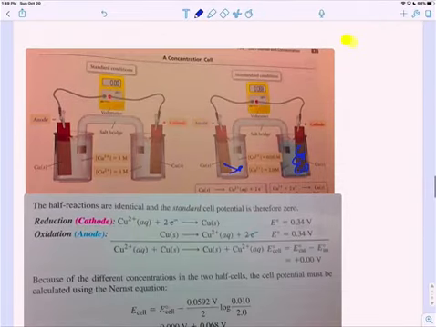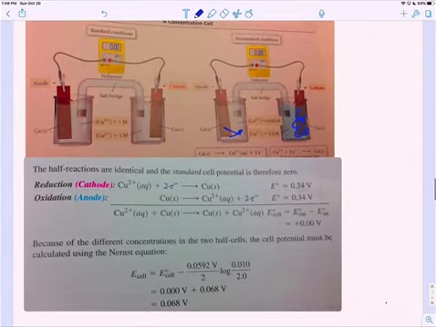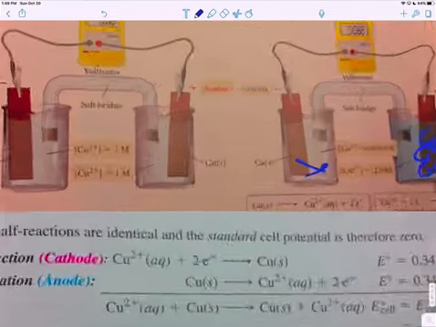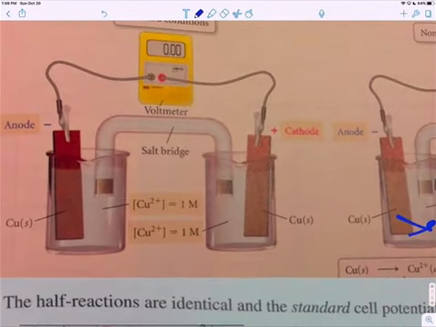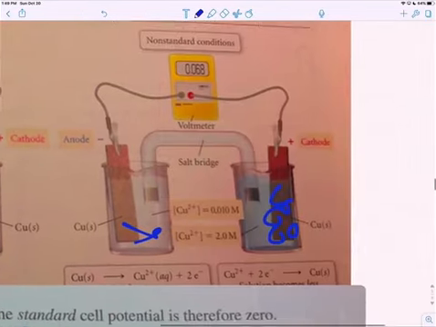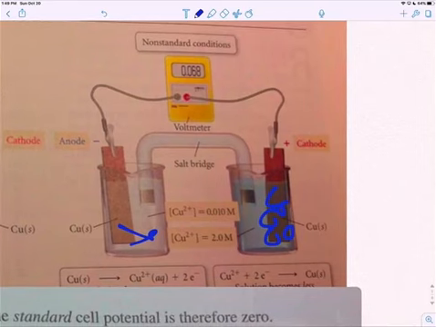And let's talk about some other things. So you can get what's called a concentration cell. A concentration cell is when you have two of the same metal, so in this case, we have copper in different solutions. So this is a standard potential where you have copper all 1 molar. Now, this is a case where we have copper, and you can see the right solution is a little more blue.